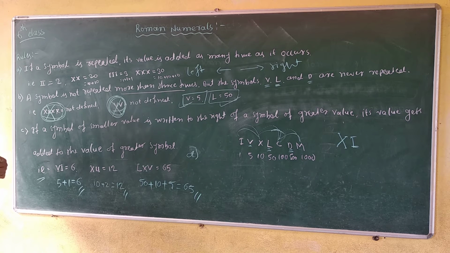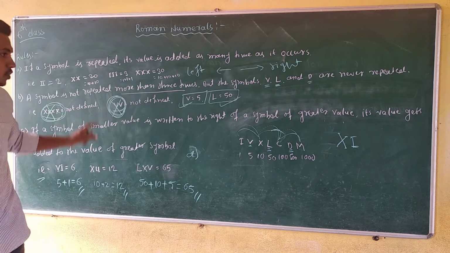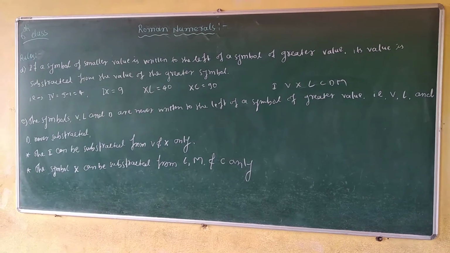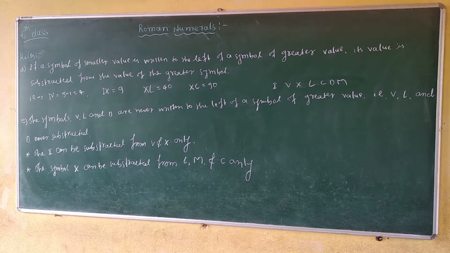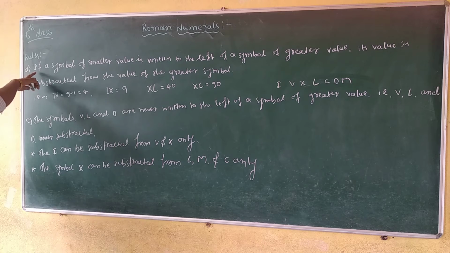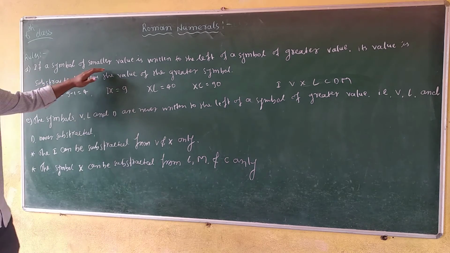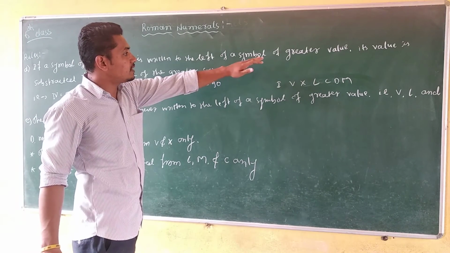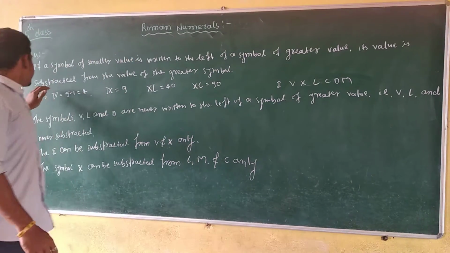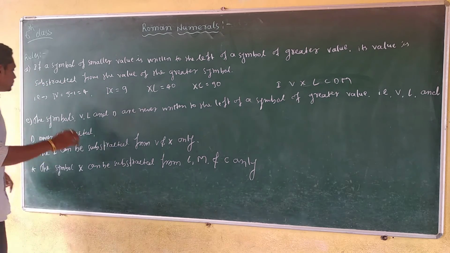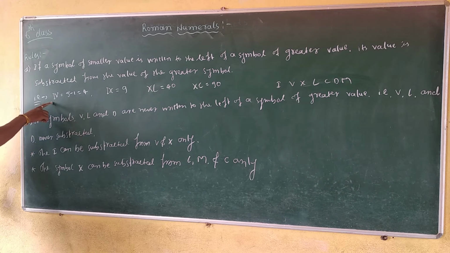Please note down these rules. This is the next rule of Roman numbers. If a symbol of smaller value is written to the left of a symbol of a greater value, its value is subtracted from the value of the greater symbol.